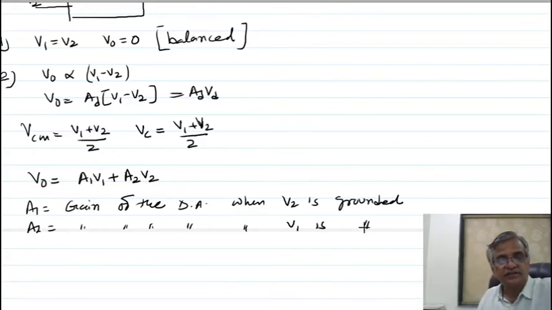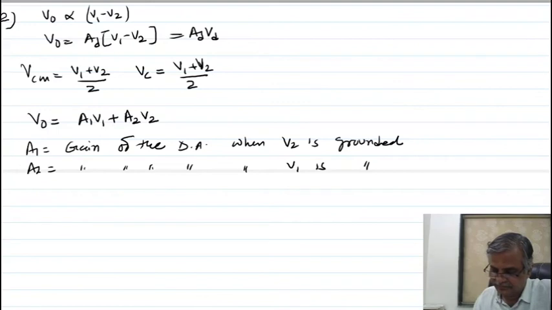Listen, for any linear active device, output can be represented by a linear combination of the two input signals. So we can write this equation. Here A1 is the gain of the amplifier when V2 is grounded, A2 is the gain of the amplifier when V1 is grounded. Now look here, we have VD is equal to V1 minus V2 and VC is equal to V1 plus V2 by 2.